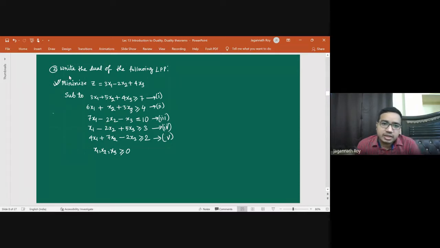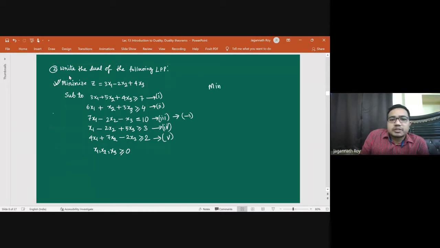But we can see that there is a discrepancy. This is odd in this setup. This is a minimization problem, but this is less than type, and we want a greater than type. So what will we do? We will multiply by -1, and then we will rewrite.